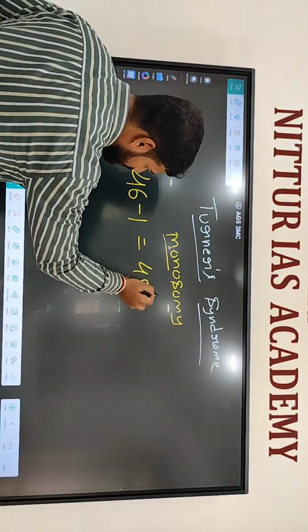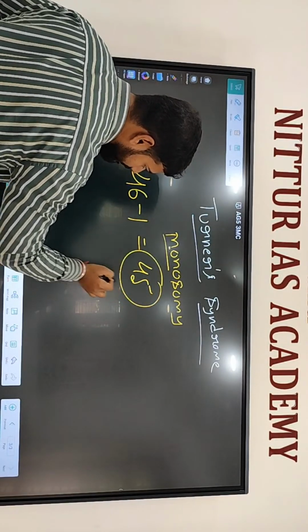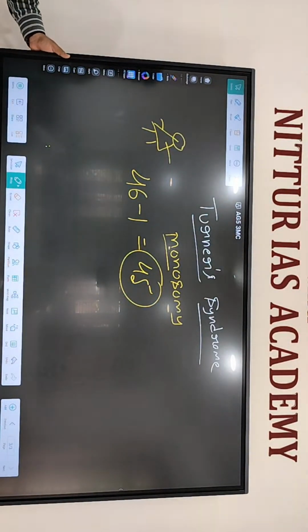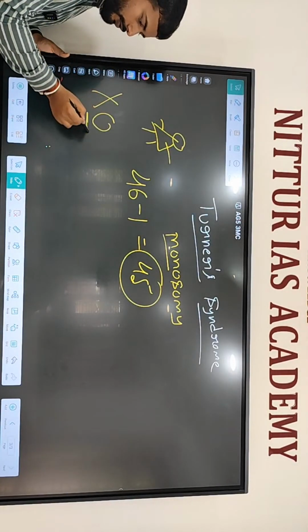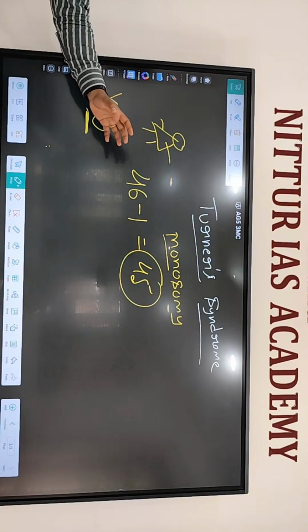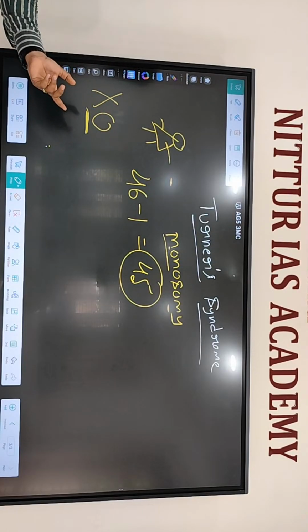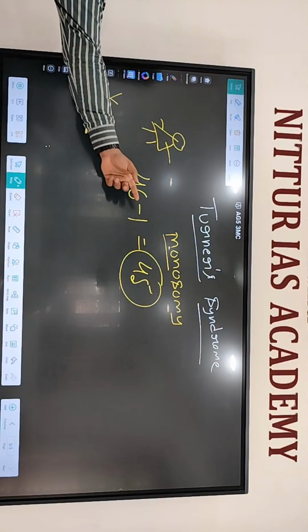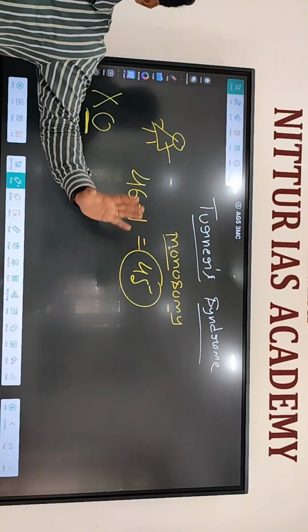The total number of chromosomes present is 45. This is also called X0. The sex chromosome in a female is XX, right? One X is absent, that's why X0.